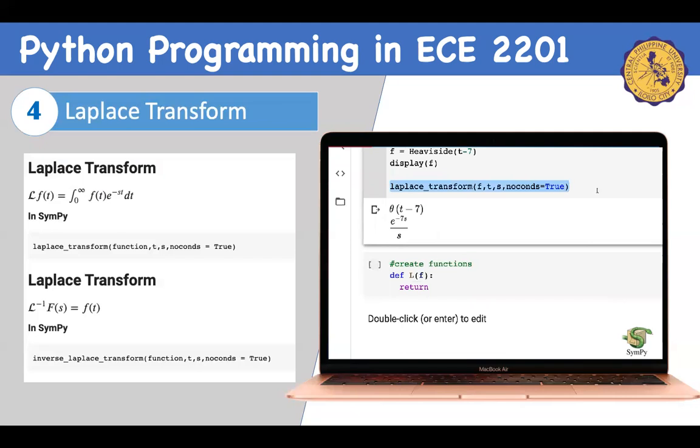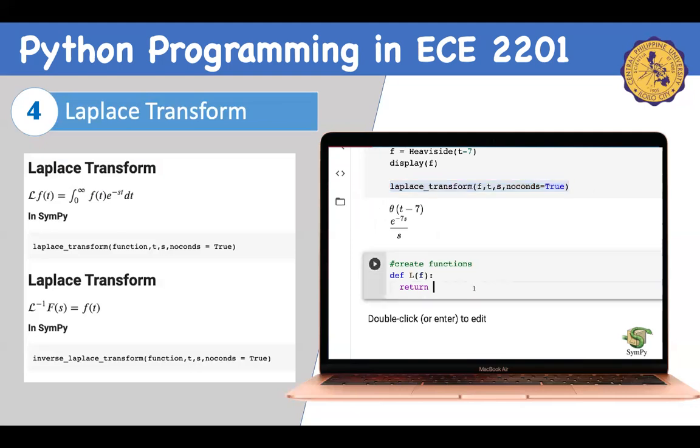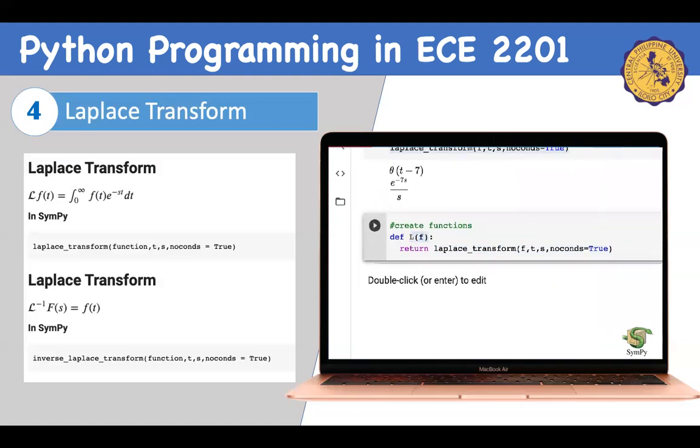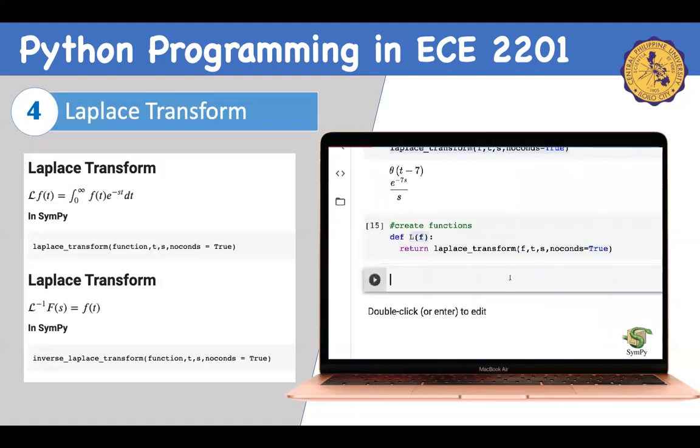Meaning, instead of writing laplace_transform, I will just use L. That's how the function works. So I will use L(f). Run the code, and then let's try the Laplace transform using L instead, so that it is easier for us to deal with longer codes.